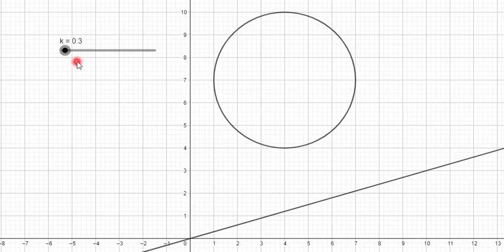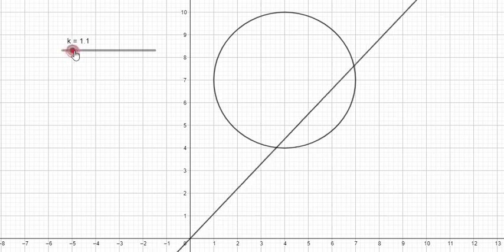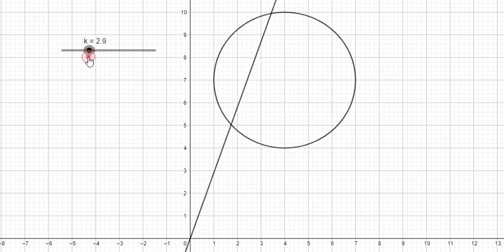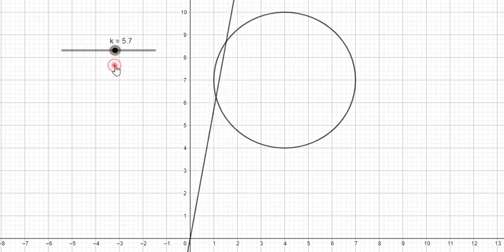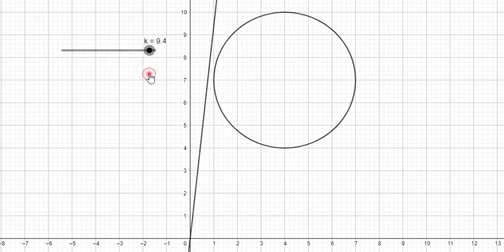So I'm just going to look at it in GeoGebra first to get a feeling for the problem. Here we have a slider I've made, so it allows me to move my line around, and of course I've drawn the circle. So what we're looking at is the places where the line will intersect the circle at 2 points, and what values of k that will be.